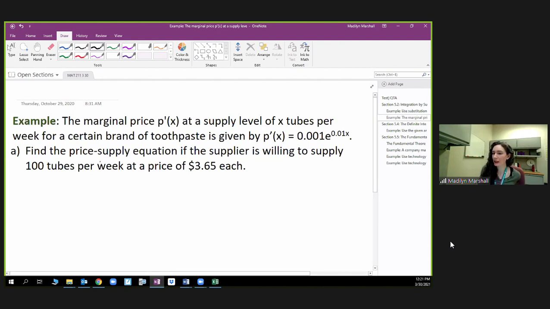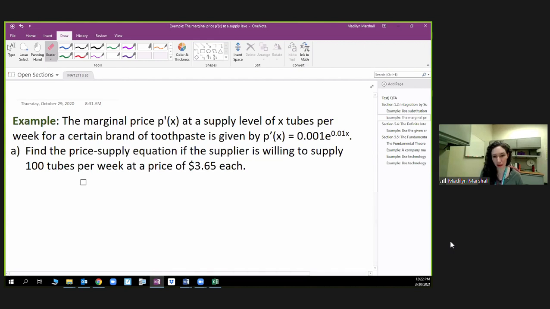So if we have some price supply equation, which means the relationship between the price that we're charging for an item and the number of items that we're making, the marginal price is just going to be the rate of change of the price per item that we're making.